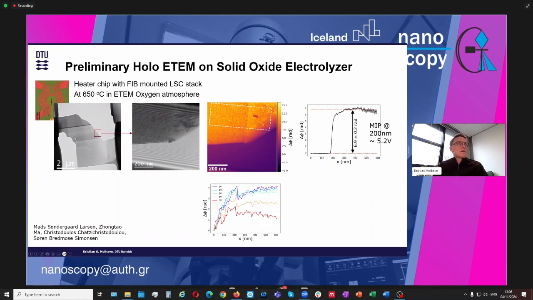Those are ceramic systems, very complex ones with different electrodes and electrolytes made from ceramics that work in gases at several hundred degrees, such as oxygen atmospheres. And then we're trying to start mapping out potentials with electron holography in such devices to give a potential measurement of the device, which is really complex. They cannot get it in any other way. So hopefully that's something you'll hear more about. It's ongoing work here.